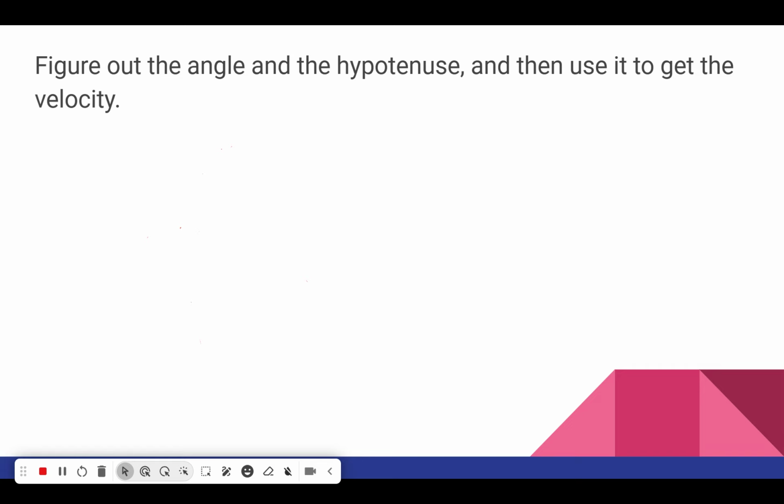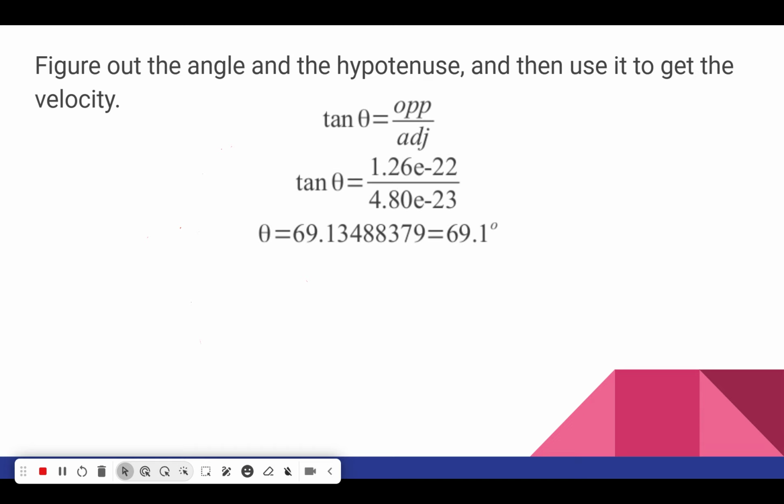So, if I have all those numbers, I can figure out the angle, I can figure out the hypotenuse, and because that is momentum, I can use that to figure out the velocity. I first used tan with my triangle to figure out that, wow, it is going at a pretty big angle, 69.1 degrees below the original path of the incident X-ray.